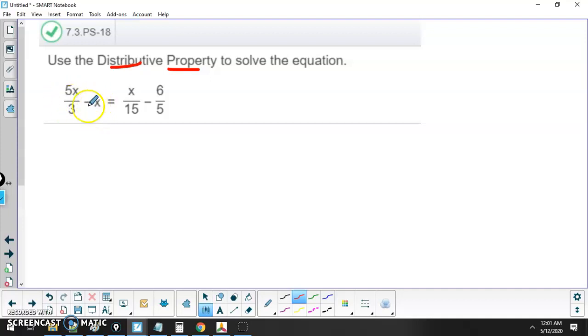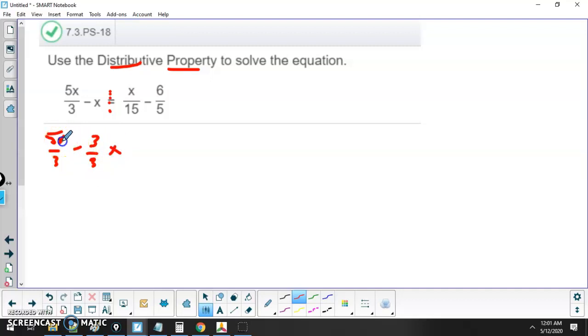You could combine these two terms first, and let's do that, maybe. Yeah, why not? Okay, so we're going to take 5x over 3, and this minus x, if we want to combine it with it, we need a common denominator. So we can make it into 15 over 15, but since I'm just combining it with this one, I'm going to make it into 3 over 3. All right.